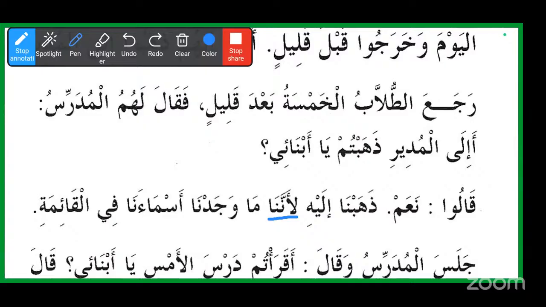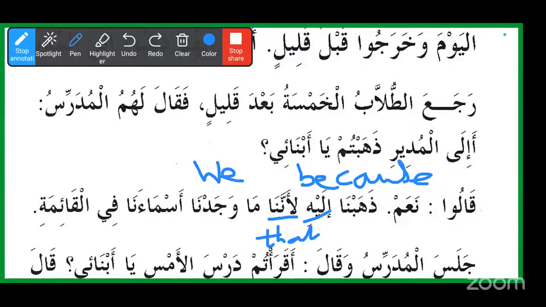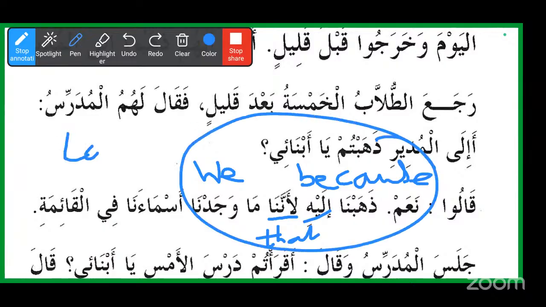If you want a literal translation, lam kasra li means because, anna means that, na means we, because that we. You can just take this whole thing and make it two.